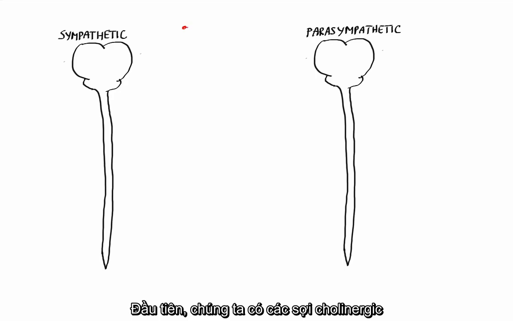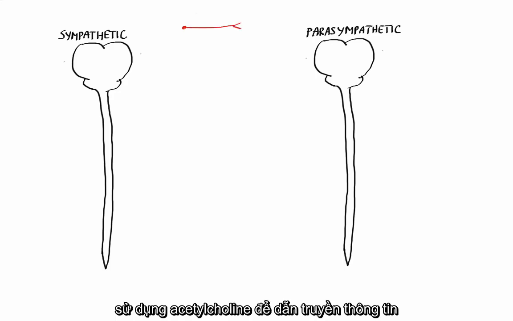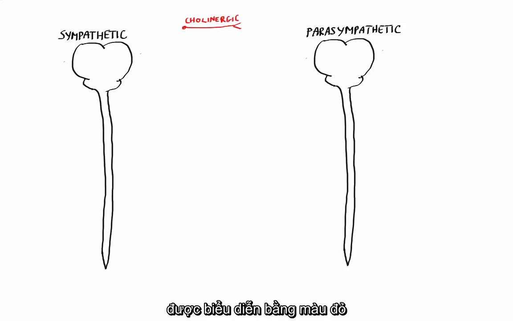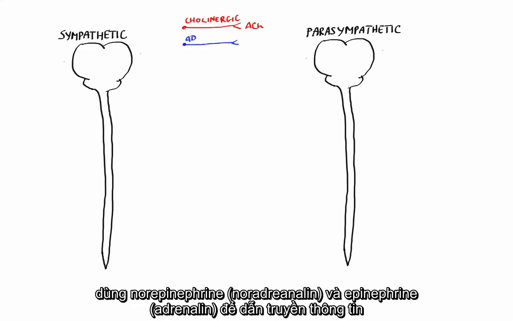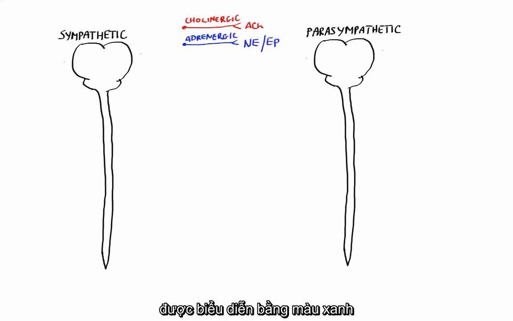First, we have cholinergic neurons, which use neurotransmitter acetylcholine to send messages, and I'm going to use the red color to draw them. And the second, we have adrenergic neurons, which use neurotransmitters norepinephrine and epinephrine to send messages.